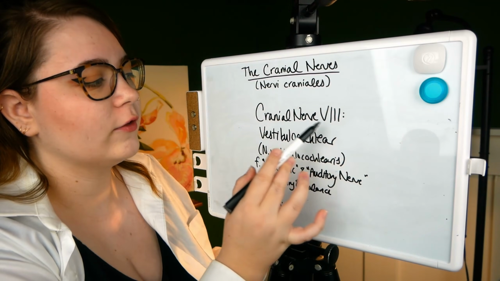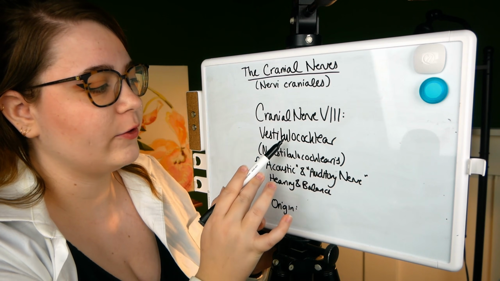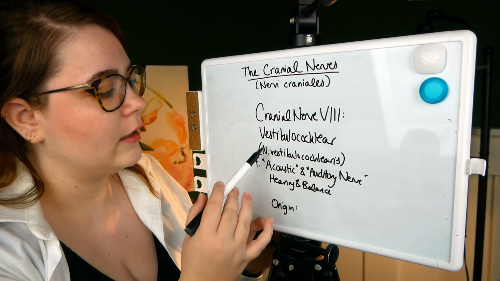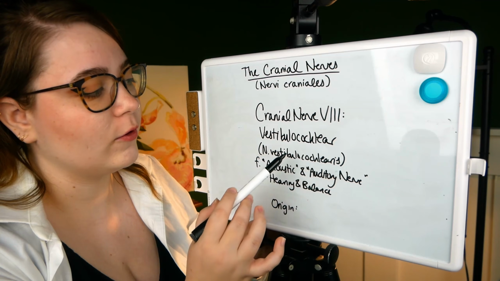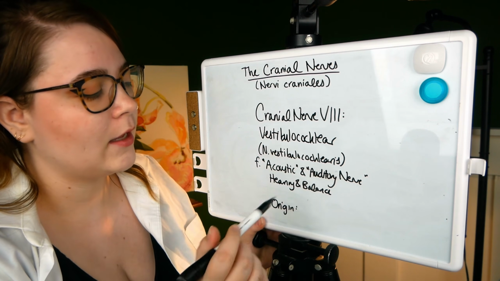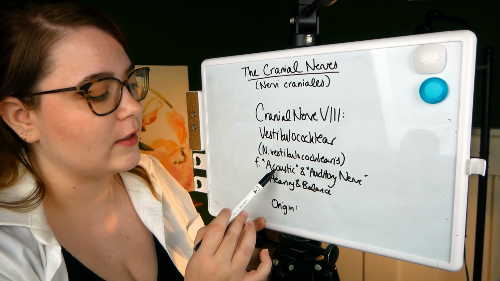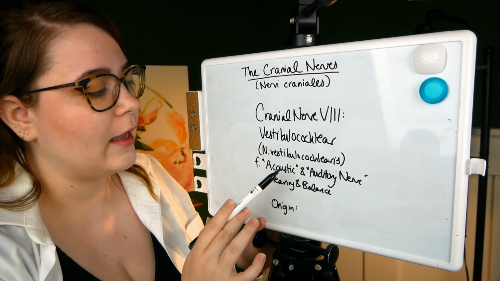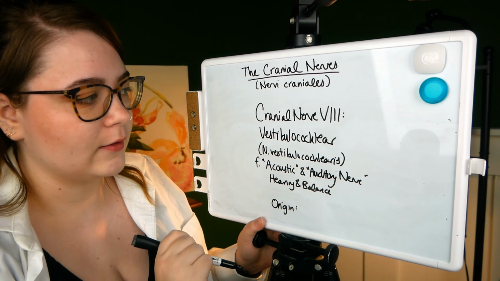And next we're going to do the 8th cranial nerve. Cranial nerve number 8, the vestibulocochlear nerve, is a dual nerve, nervus vestibulocochlearis. This is formerly known as the acoustic nerve or the auditory nerve, and it governs hearing and balance.